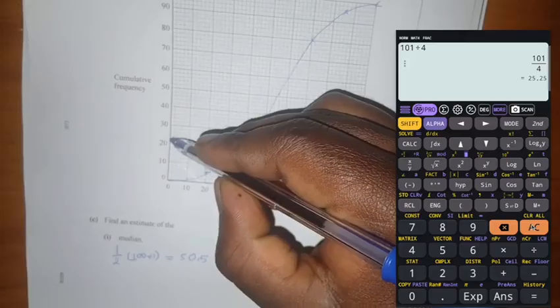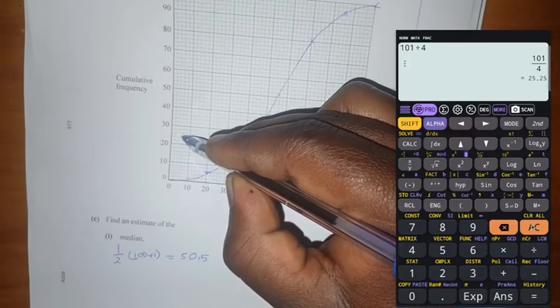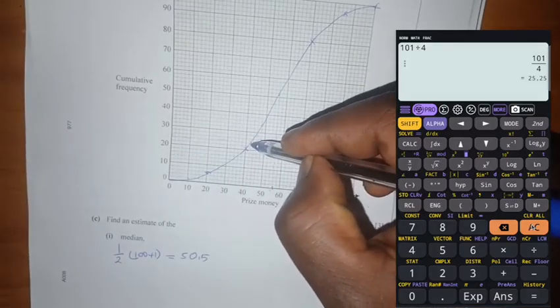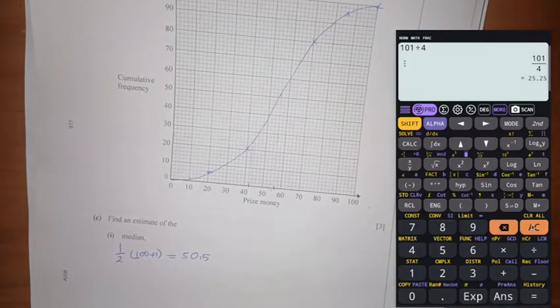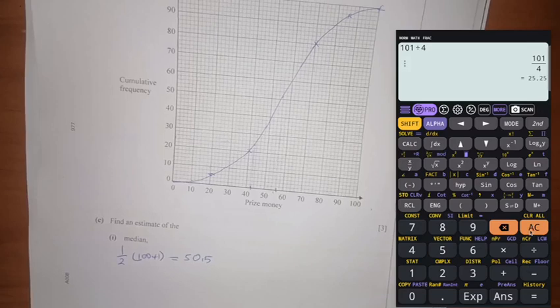It's somewhere there, and this one goes down to this point there, which is 42. Q3 is 3 over 4 into 100 plus 1, which gives me 75.75.